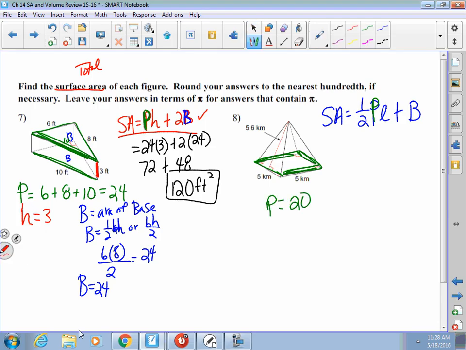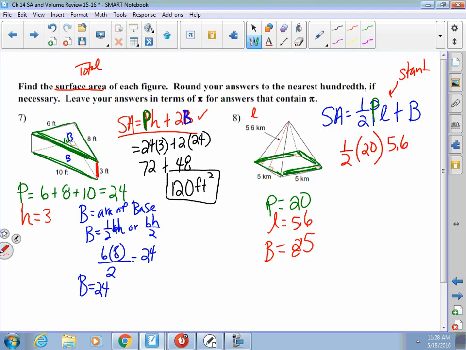L is the slant height. Know where it's slanted. That is right here. And then B is the area of the base, which is 25. So we are just plugging it in. 1/2 times 20 times 5.6 plus 25, and get your answer. All right, thanks.